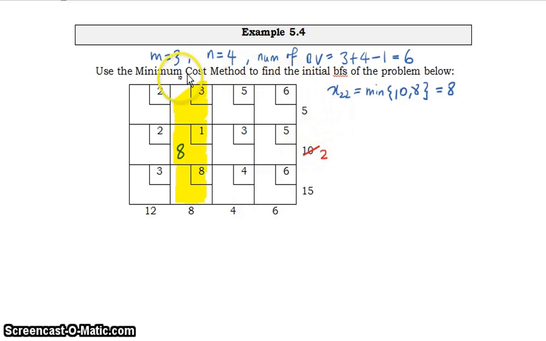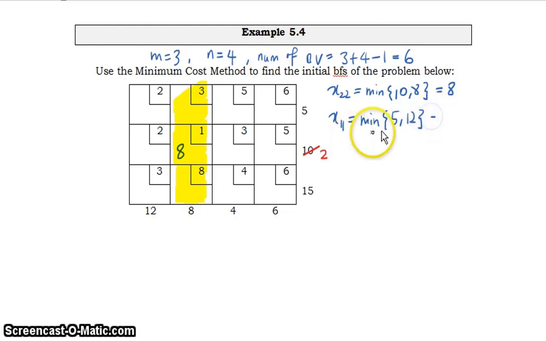Next, we move to the other cell that has the smallest cost. Since we have two cells with cost 2, we can choose either one. Here I choose cell X11. The value of X11 is the minimum between 5 and 12.